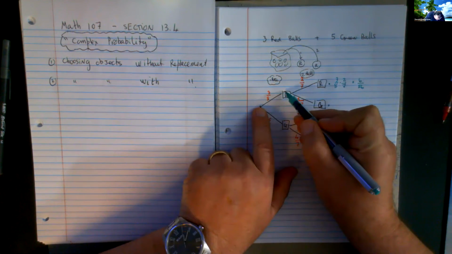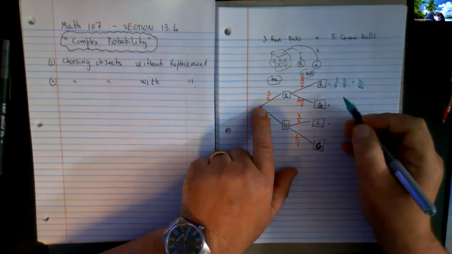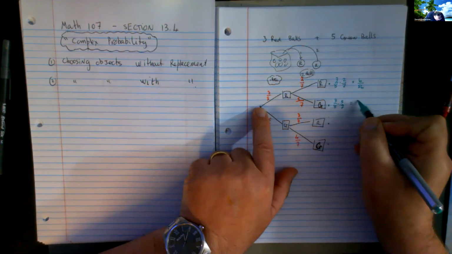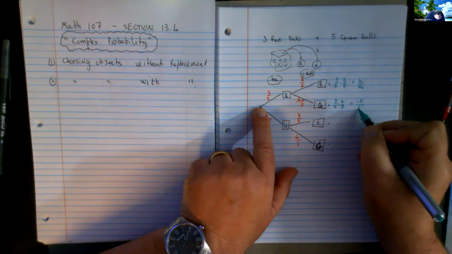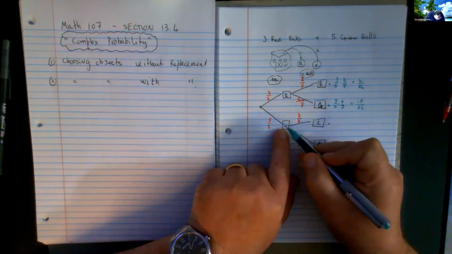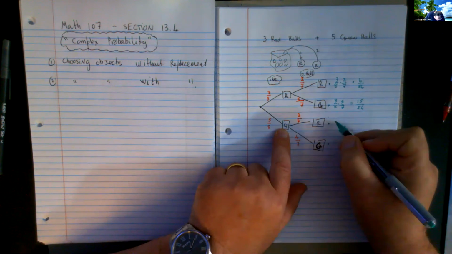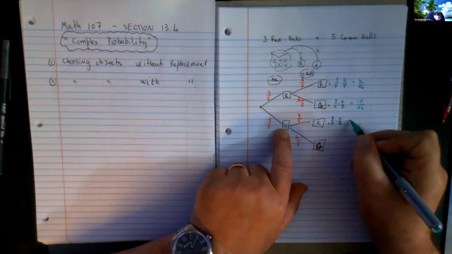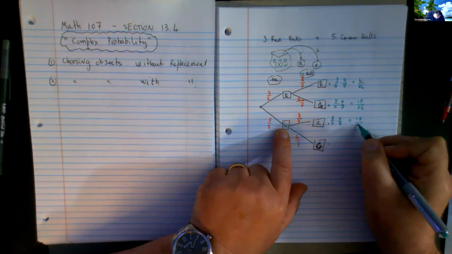Now the next one was a 3/8 and a 5/7, and that gets you 15 out of 56. And then it was 5/8 times a 3/7, and that is also 15 out of 56.